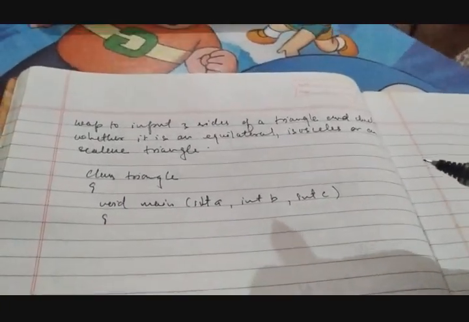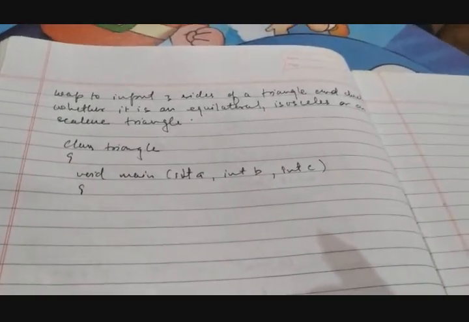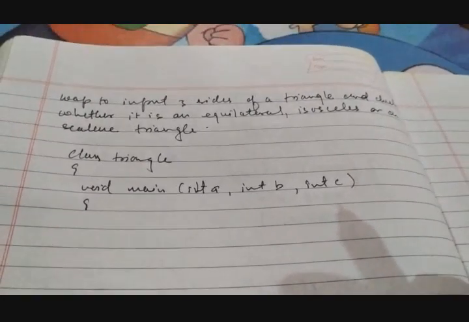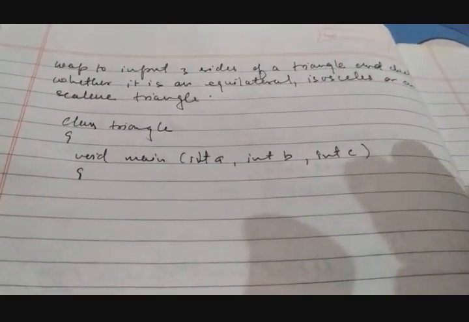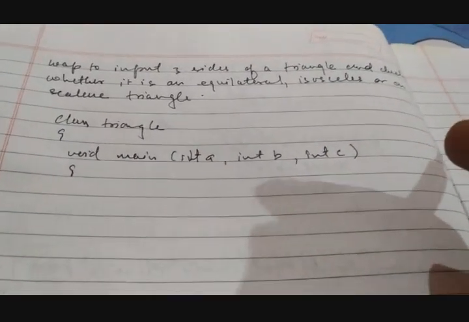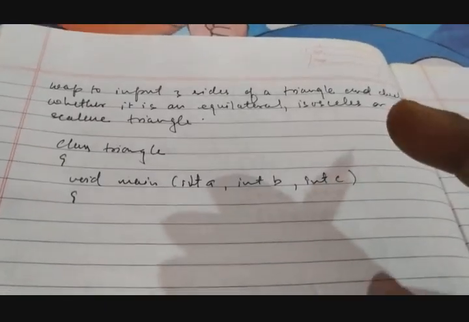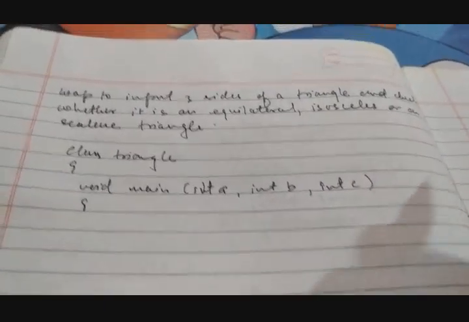For the three sides of a triangle, here I have taken integers. You can consider double. Because I have to go with the majority of people, I am making it a simple one. You should use a double there, because it is a side of a triangle.